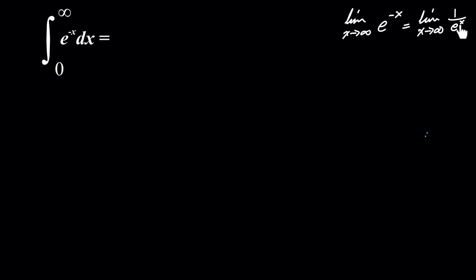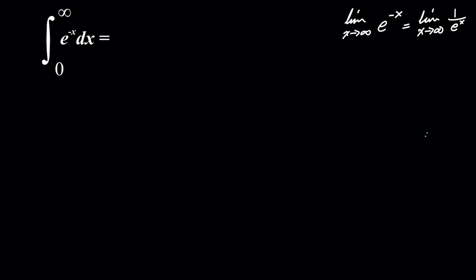And we can see that as x gets bigger and bigger, your denominator gets bigger, which means this value of the fraction gets smaller and smaller, which goes toward 0. So this function does have a horizontal asymptote at 0. Therefore, this could possibly converge. Just because your function approaches 0 does not necessarily mean that your function will converge. It means that it could converge.